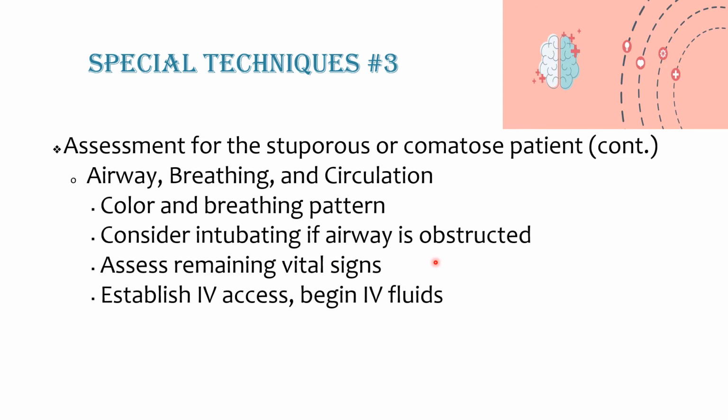If respiration is slowed or shallow, or if the airway is obstructed by secretions, consider intubating the patient as soon as possible while stabilizing the cervical spine. Assess the remaining vital signs: the blood pressure, the pulse, and the rectal temperature. If hypotension or hemorrhage is present, establish intravenous access and begin intravenous fluids.